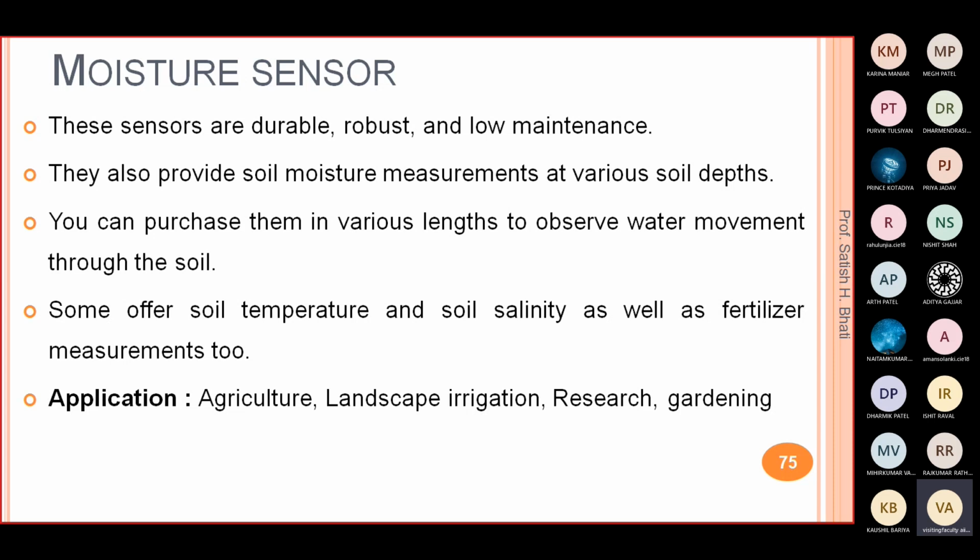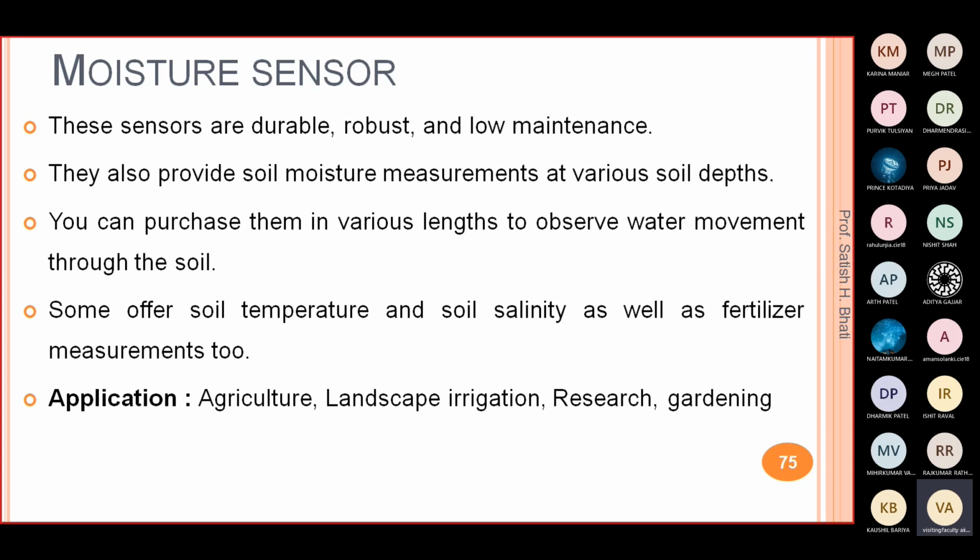Some capacitive soil moisture sensors will also offer soil temperature, soil salinity, and fertilizer level. Not all, but some manufacturers have developed the sensor in such a way that along with the moisture measurement, you can measure temperature, salinity, and fertilizer.